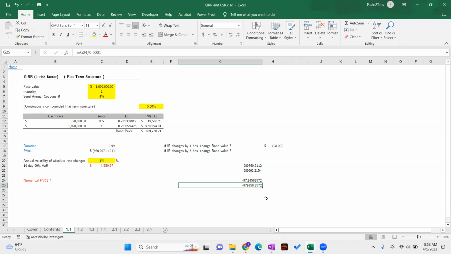More to come on this. What we did now is called a forward delta. Why forward? Because we increased the interest rate by 1 basis point, measured the change in bond price, and then we did a dB by dr, right? We can do the same using backward delta. Take the interest rate down by 1 basis point, measure the change in bond price, do a dB by dr. That will also be close to this.